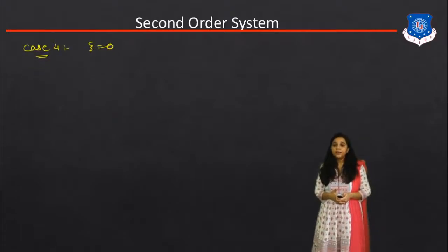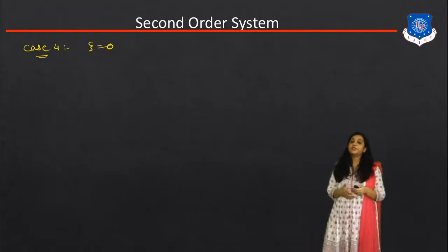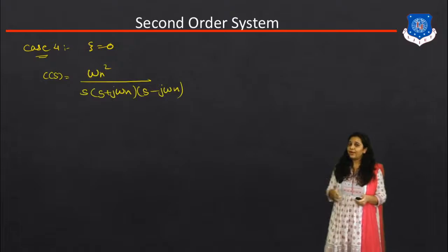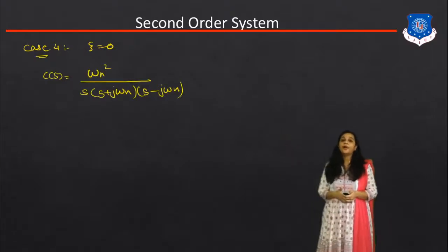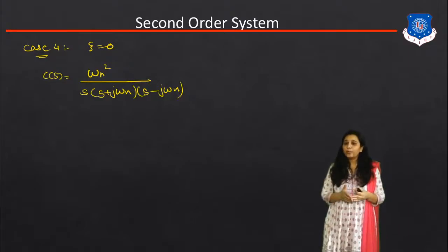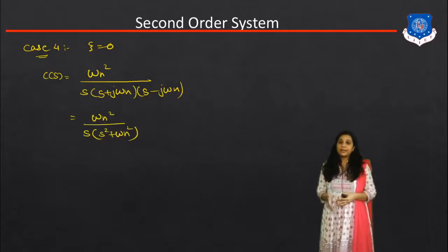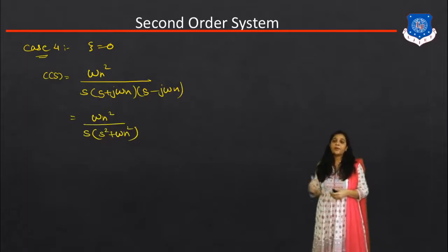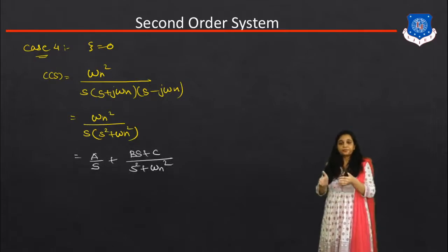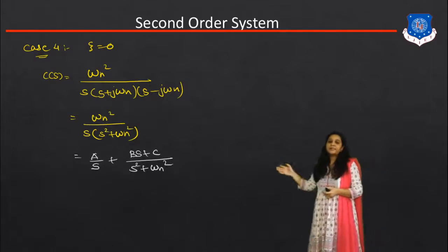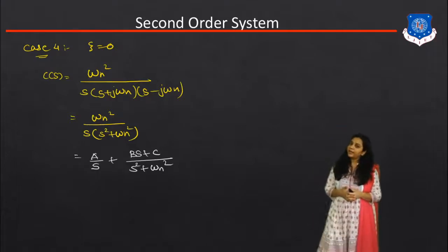Now the fourth case is zeta equal to 0, when the damping ratio is exactly 0. So the output equation C(s) is equal to omega n square upon s, in the bracket s plus j omega n, in another bracket s minus j omega n. So that is equal to omega n square upon s times (s square plus omega n square), equal to A by s plus (Bs plus C) upon (s square plus omega n square).